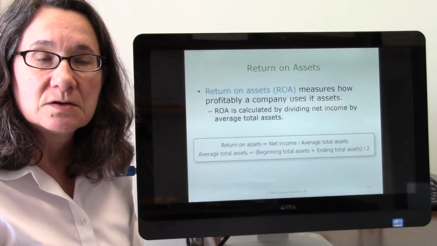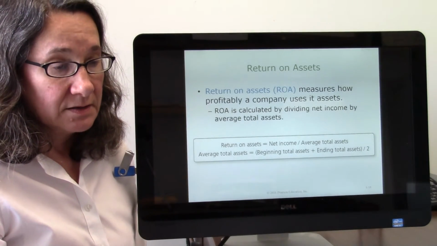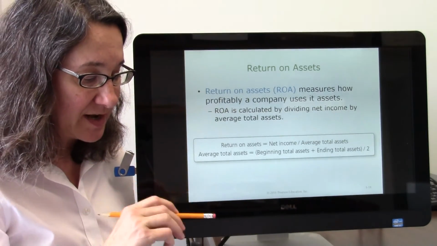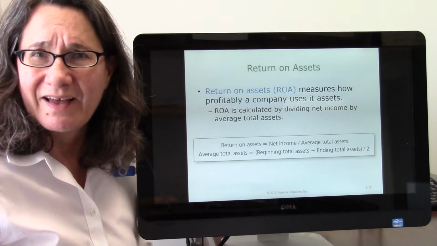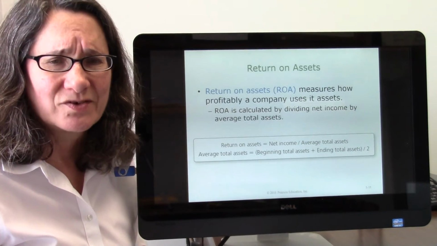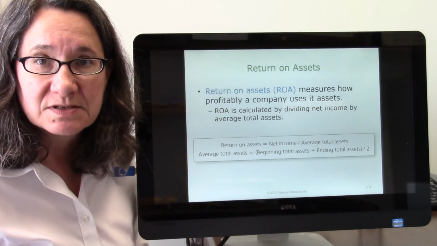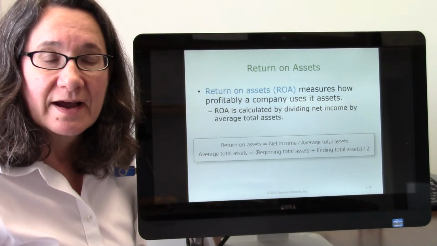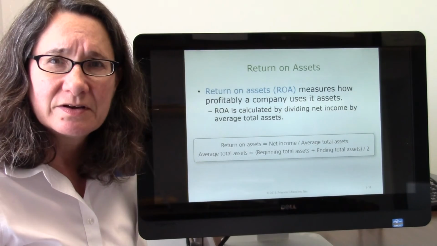You would end up with a number called return on assets, and that would tell you whether you're doing well with your assets. So you have to think of what would be a good return. If you're earning 10%, 0.10, so if your net income divided by average total assets turned out to be 0.1, I think that would be pretty good, because interest rates are less than 1% right now. If you have an asset making you 10%, that's good. If it turned out to be 0.01, that might not be very good.